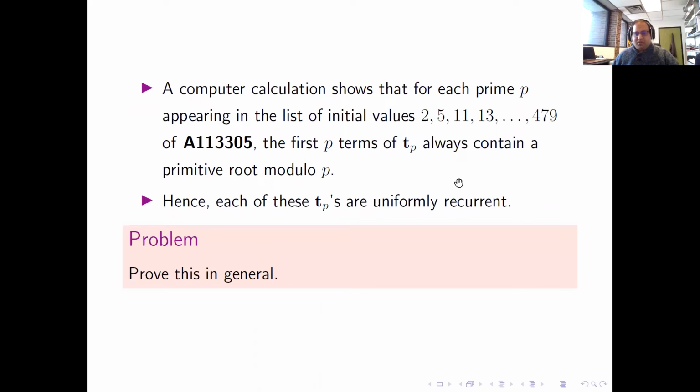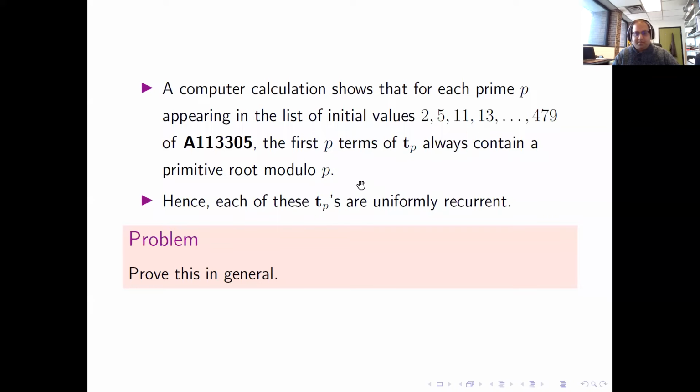We can do this for as many primes as we like that appear in this sequence, A113305. Every time the first p terms of Tp contain a primitive root mod p, by our theorem, those Tp are uniformly recurrent. But I don't know how to prove that in general.